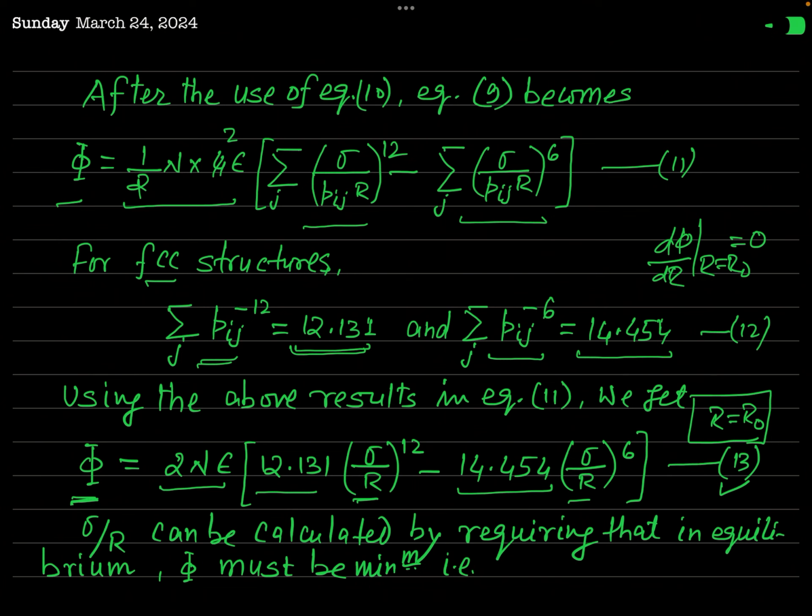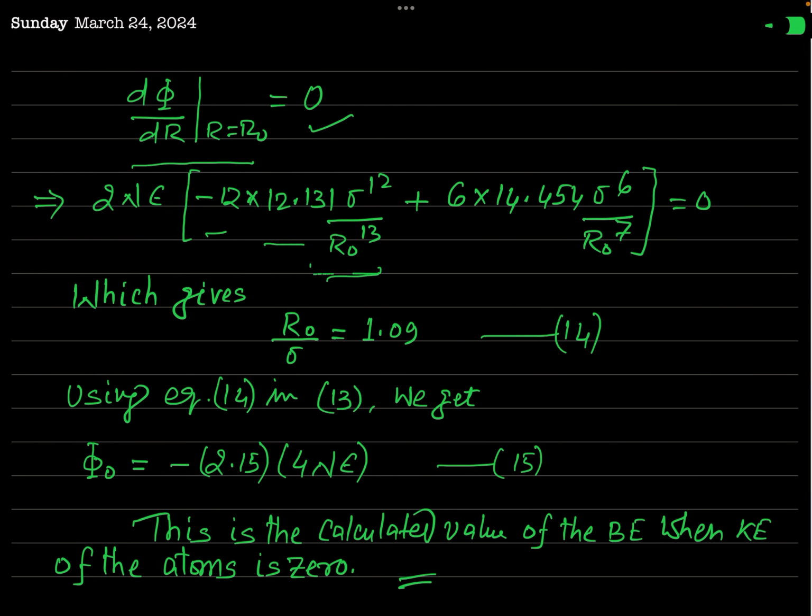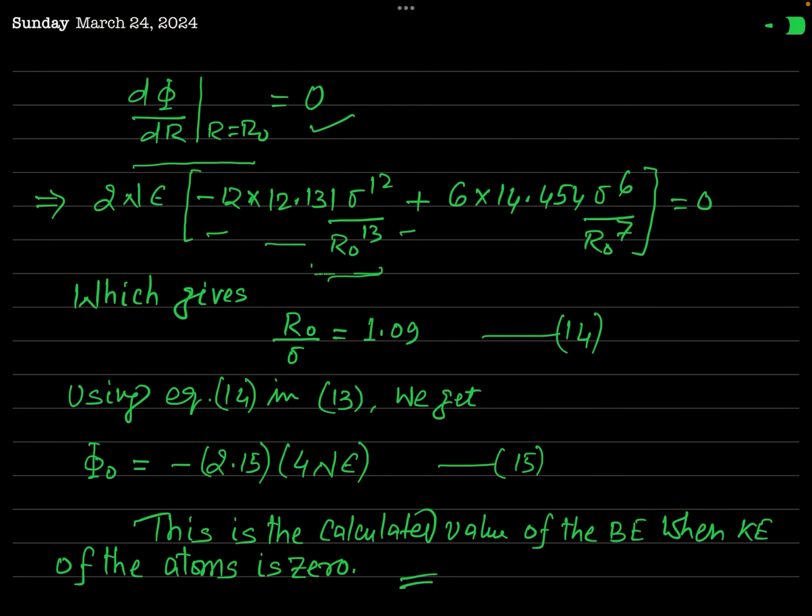And in the second term, there is 1 over R to the power 6, whose derivative will be minus 6 by R to the power 7. That minus and the minus present already here will become plus. So there will be plus 6 into 14.454 σ to the power 6 by R naught to the power 7, and that is equal to 0.